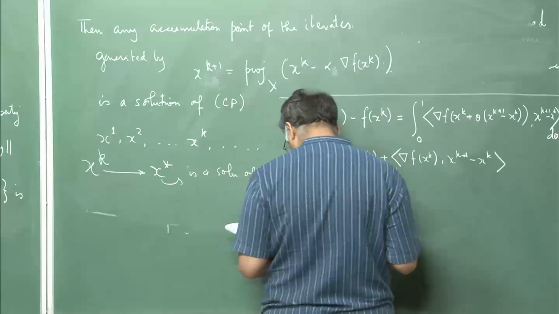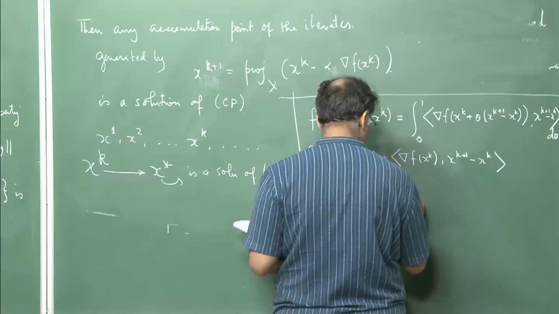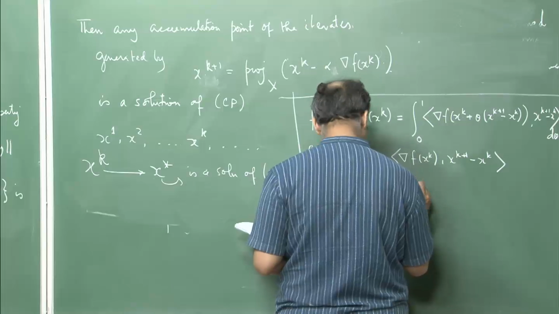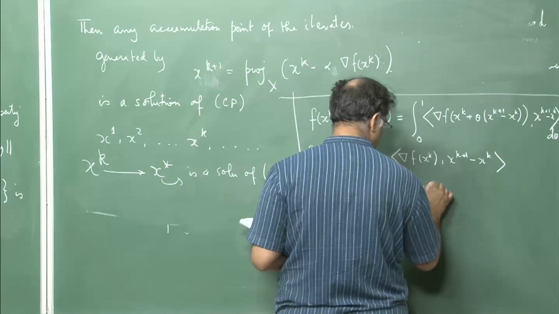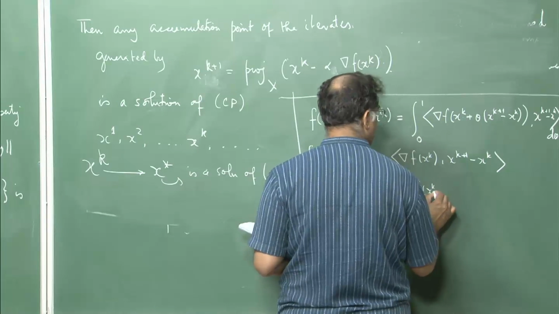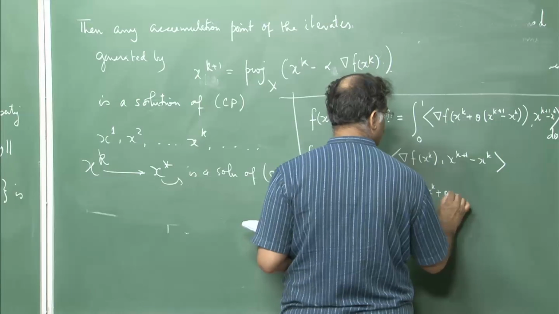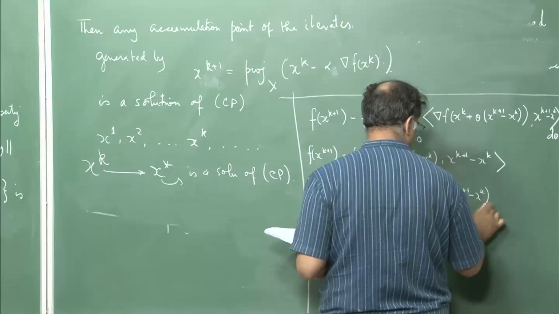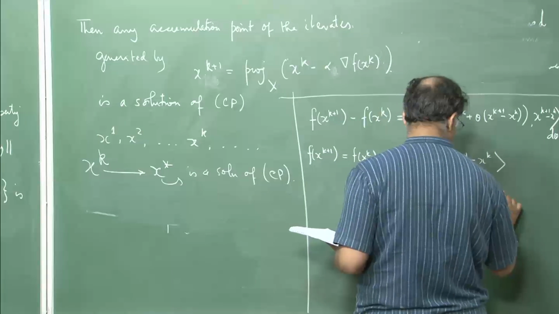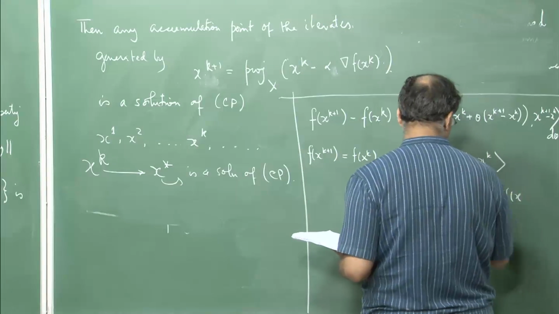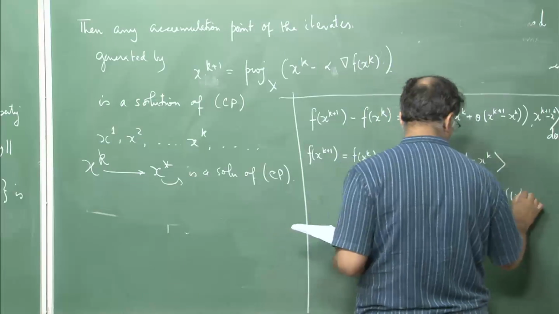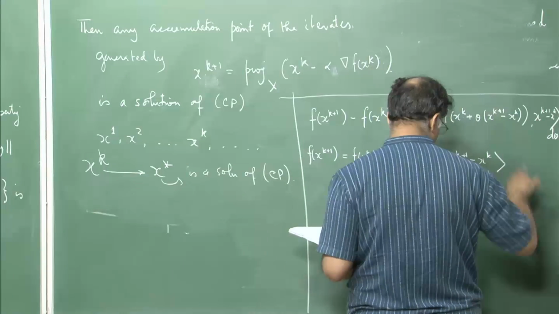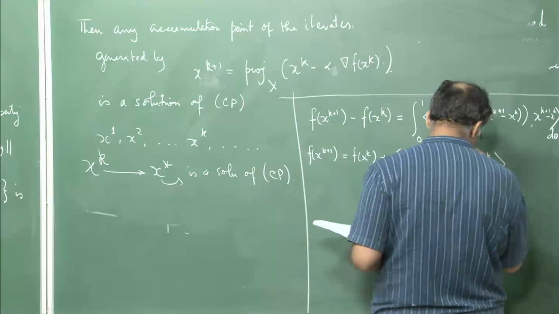So, I can write this as: see, the idea to write like this would be soon clear, that I can then use my Lipschitz property. So, basically when I add this term, I can pull it into the integral just by writing 1 equal to the integral from 0 to 1 of d theta.